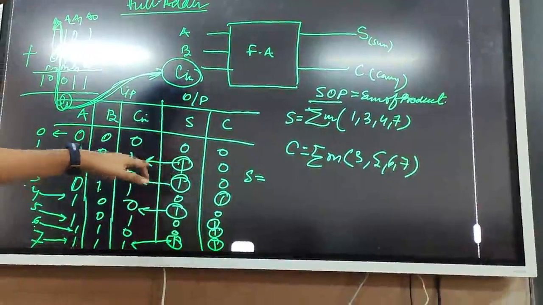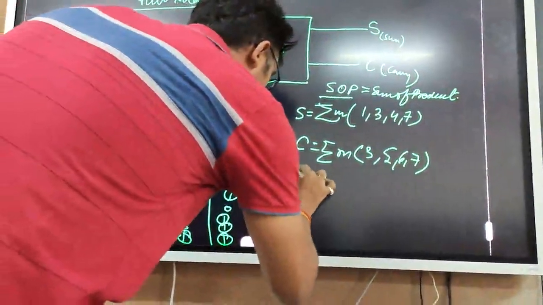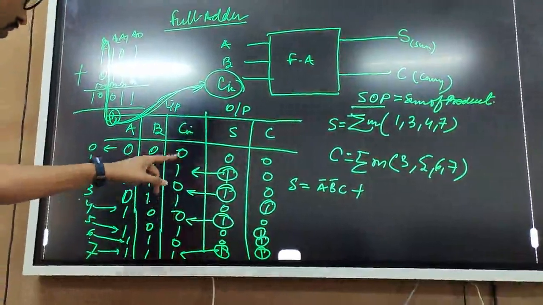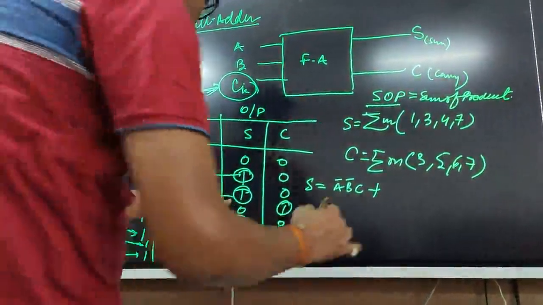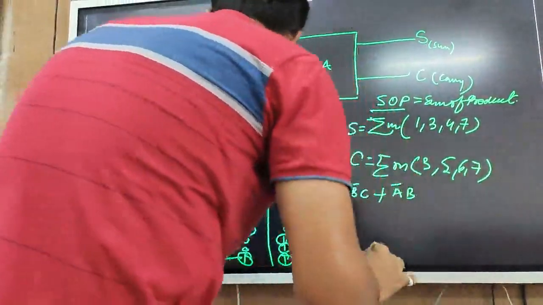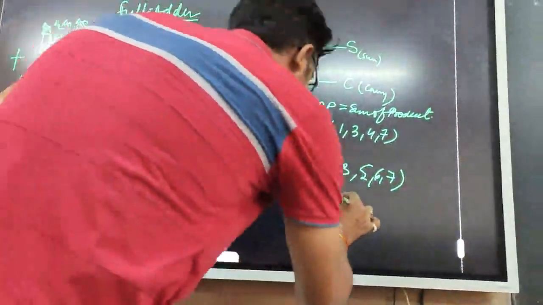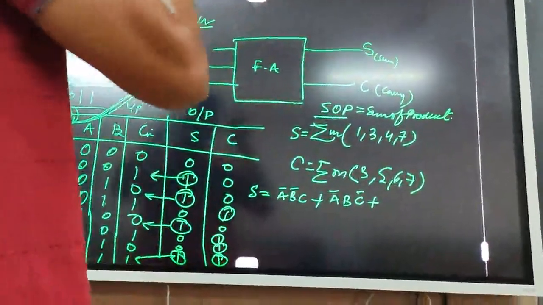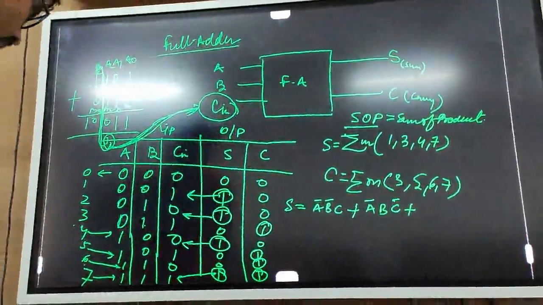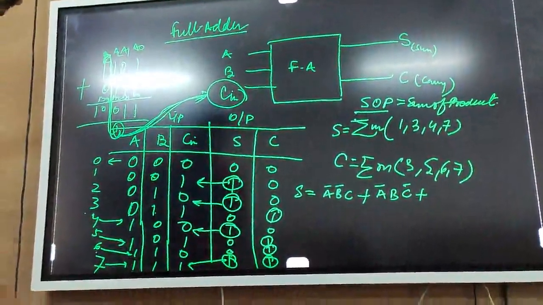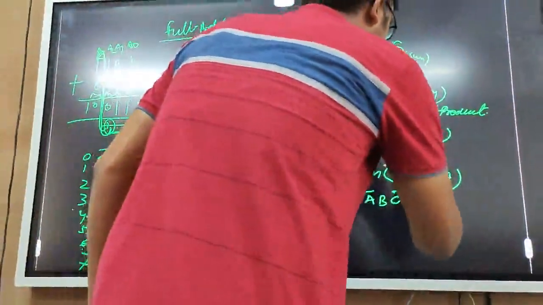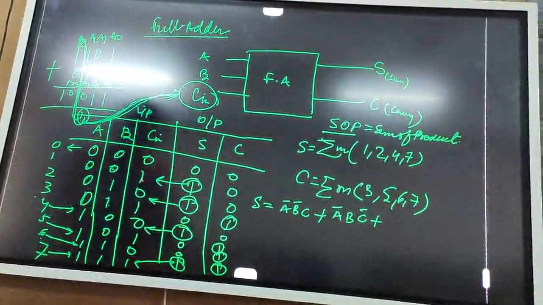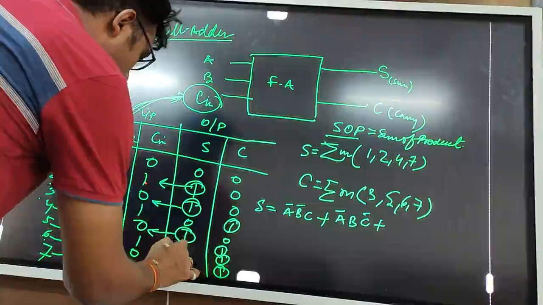Suppose for one we have to write A bar, B bar, C, plus for this you have to write A bar, B, C bar. Similarly for other terms you have to write, and the minterms are 1, 2, 4, 7.